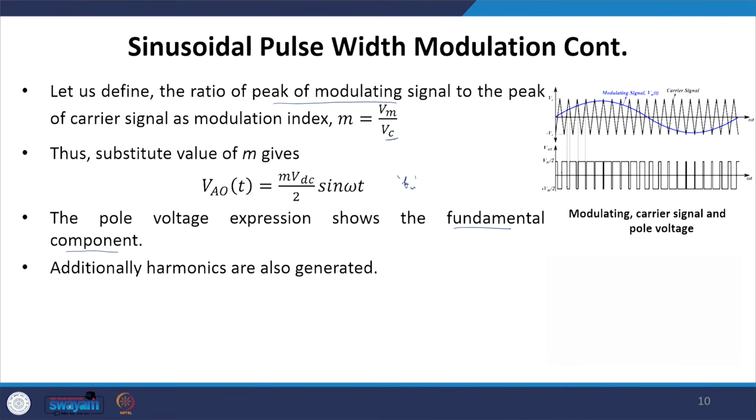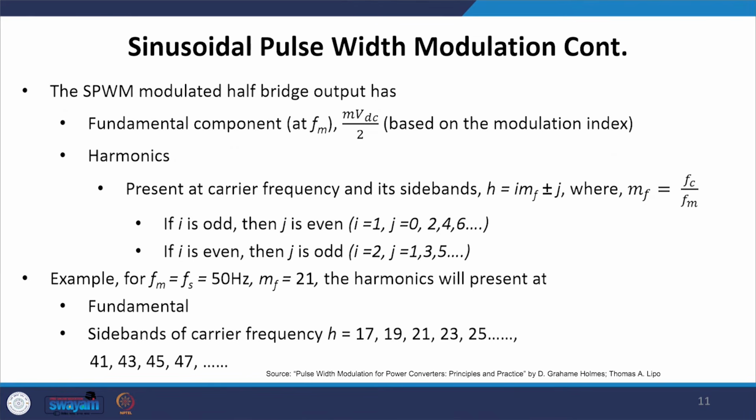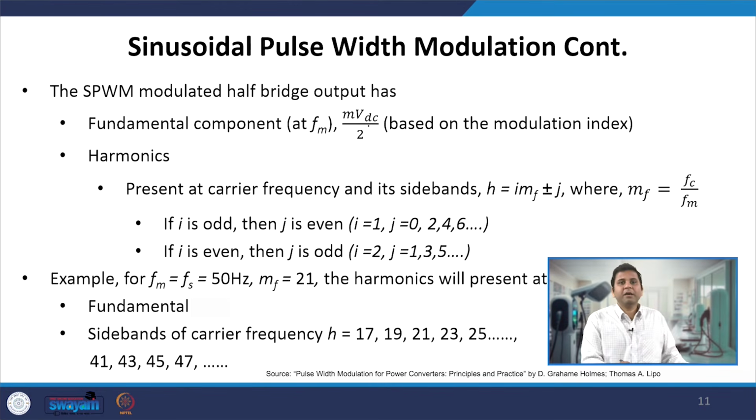So along with the fundamental frequency we also have other harmonics, as there is an error between the instantaneous applied voltage at the pole and the switching-cycle averaged pole voltage. With sinusoidal pulse width modulation, the output of the half bridge has a fundamental component at the modulating signal frequency Fm, and its amplitude is m VDC by 2, depending upon the modulation index.